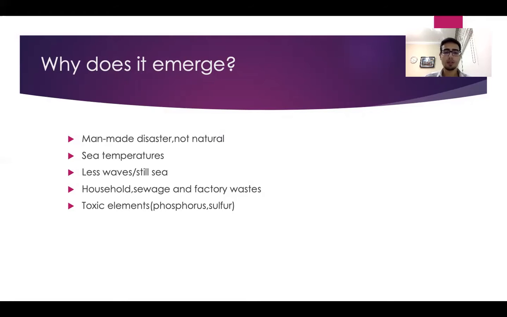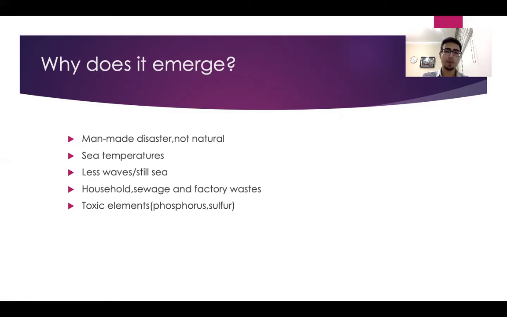And also household and sewage and factory wastes. These kinds of wastes contain toxic elements like phosphorus and sulfur, and when these toxic elements mix into the waters in our seas or oceans, they feed the microorganisms, and when they get overfed, they breed too much.